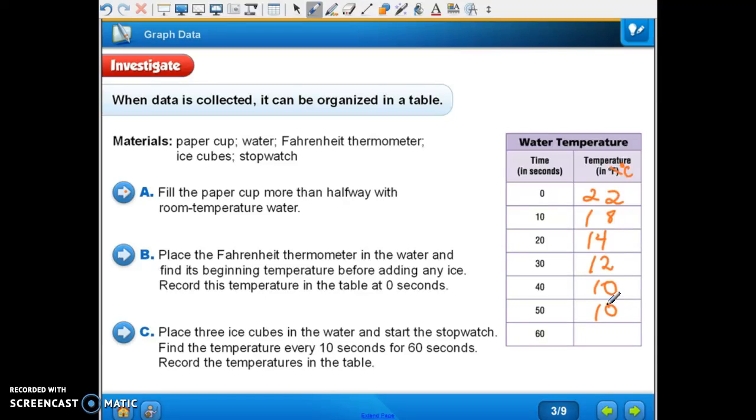And maybe 1 degree. So we'll put 9. Okay. So there are the results of our table.